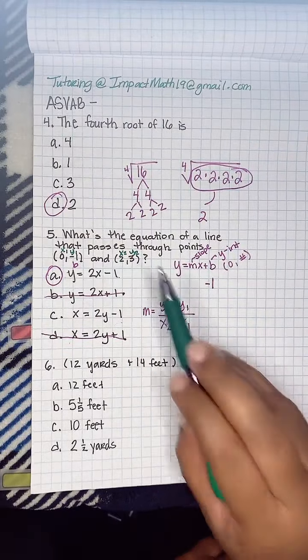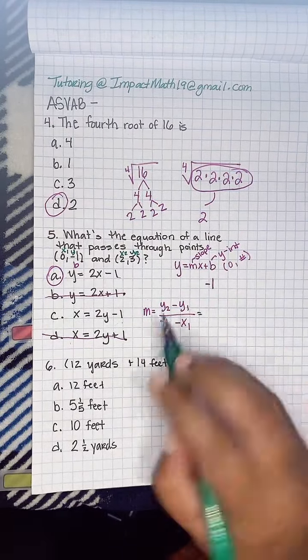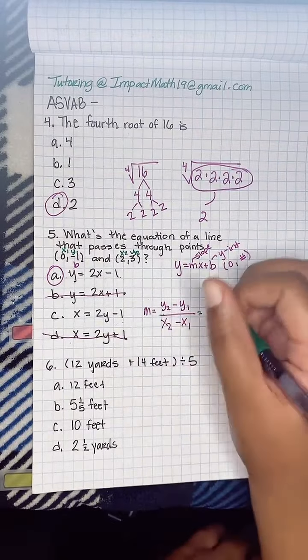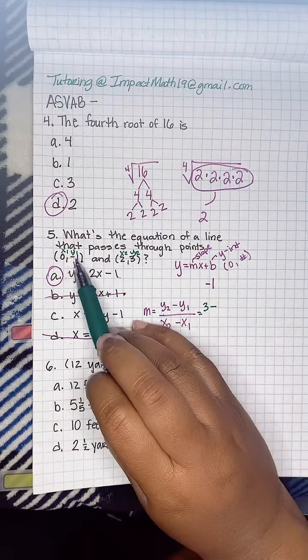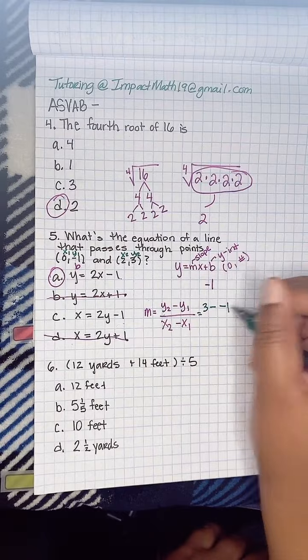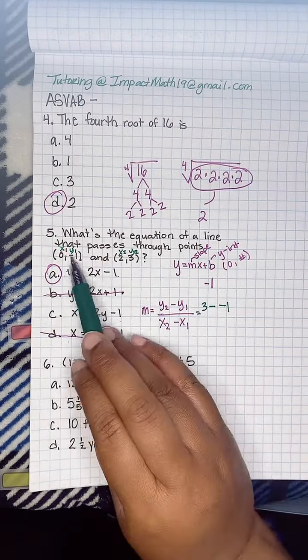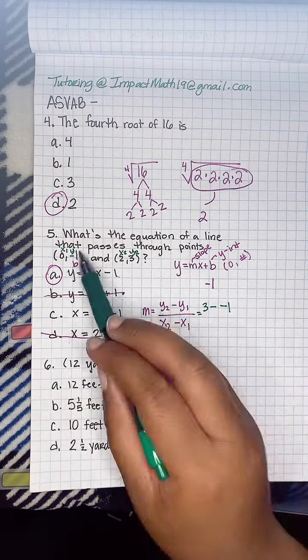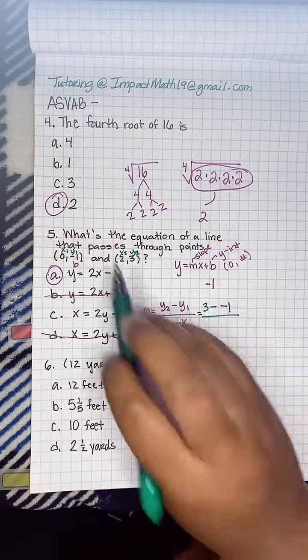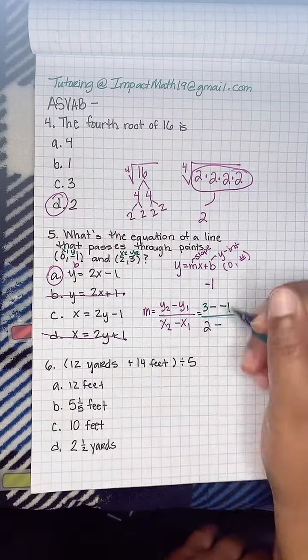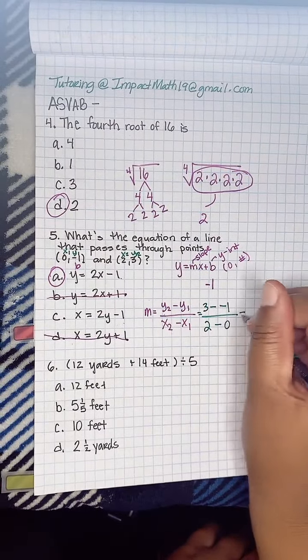Now I'm going to plug this into my formula. So 3 minus a -1, because this minus came from the formula and this -1 came from the point they gave us, over 2 minus our x1, which is 0.